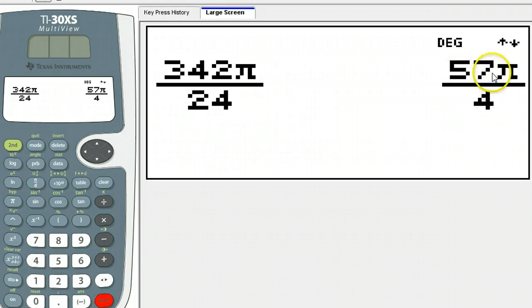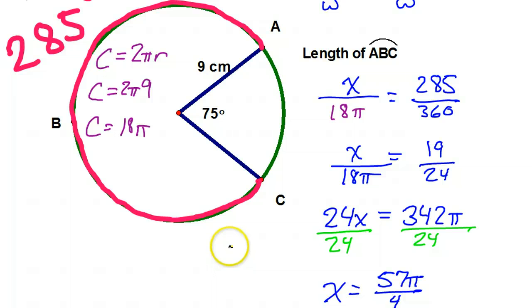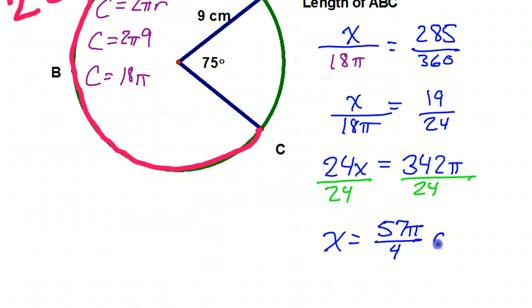It's 57 pi over 4. That is the answer, the length of this pink arc. We're dealing with centimeters, and we're talking about length, so I'm just going to keep it as centimeters.